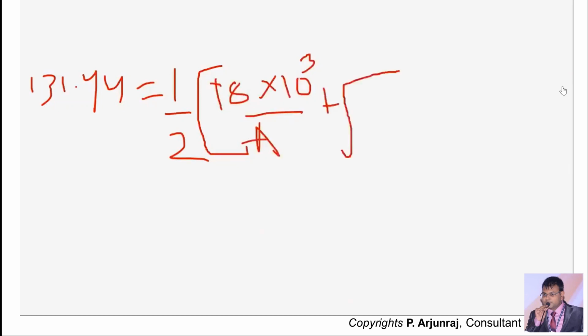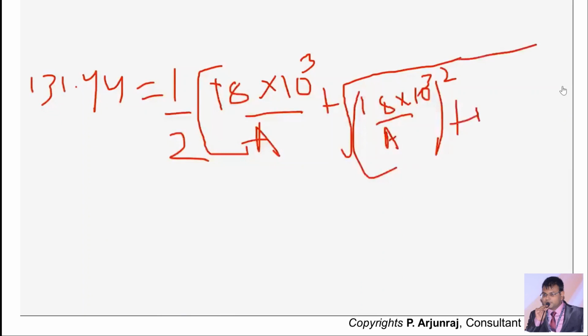Plus root of sigma x square, 18 into 10 power 3 by A square, plus 4 into tau xy square.